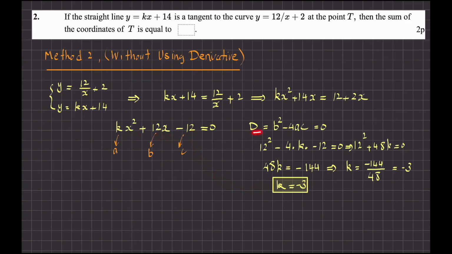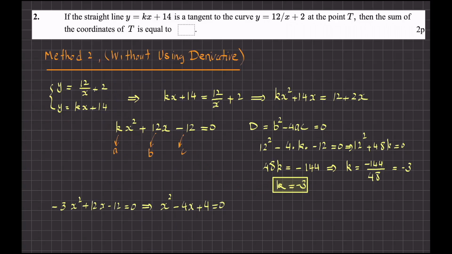This discriminant being 0 guarantees that you will get only one x, not two x's. So I will do that. So I will go to this. Instead of k, I put -3 and solve the problem. So it becomes -3x squared plus 12x minus 12 equals 0. For simplicity, I divide everything by -3.